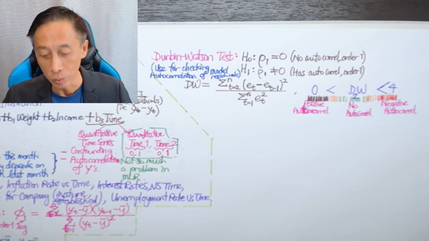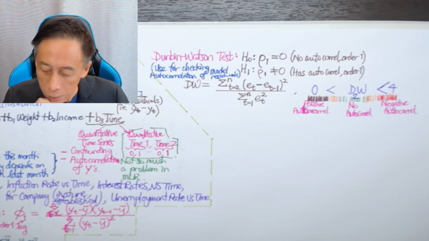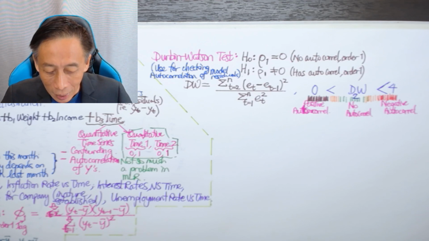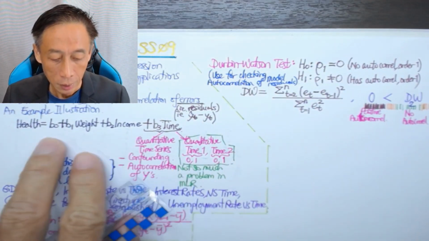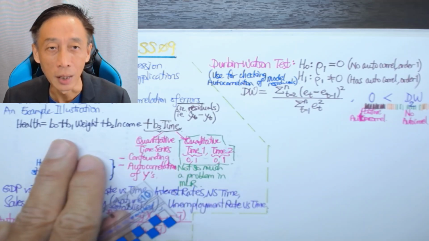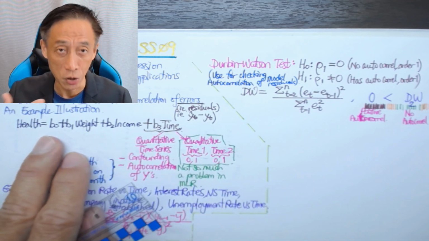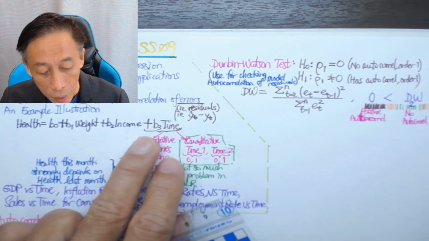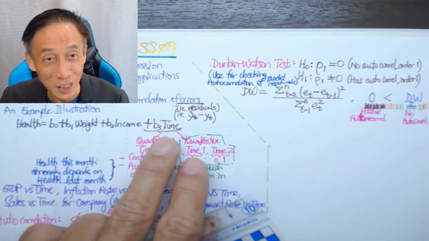Okay, in the residue. Now, why would the residue imply anything about the problem about the model? If we have a model, remember this model here, it can also be polynomial, it can also be logarithmic. Remember in our session 8, we talked about that. So it can include nonlinear variables.